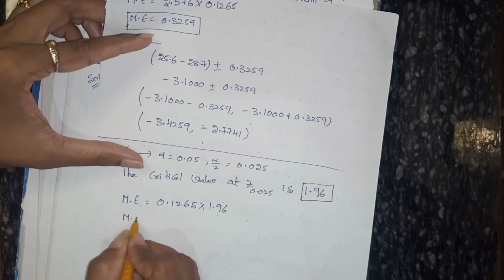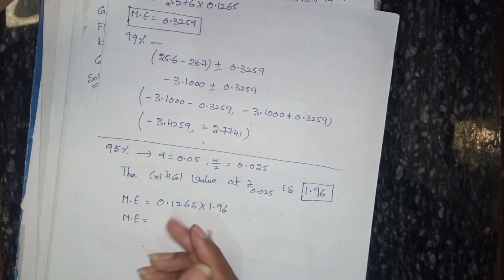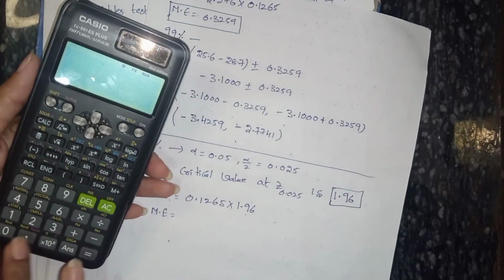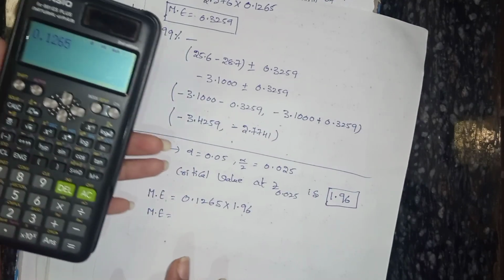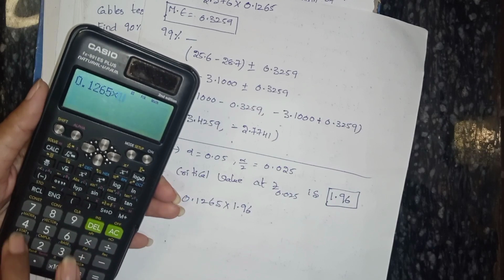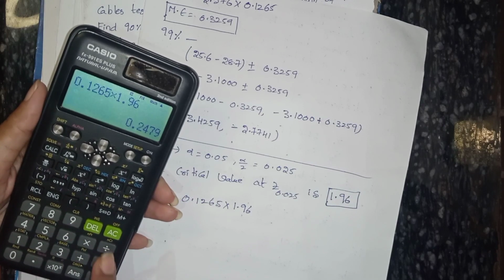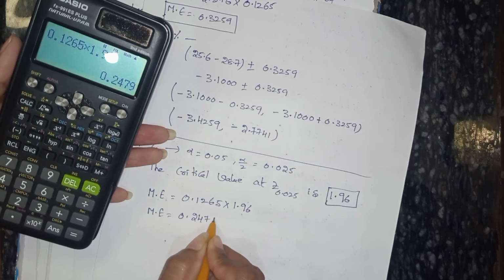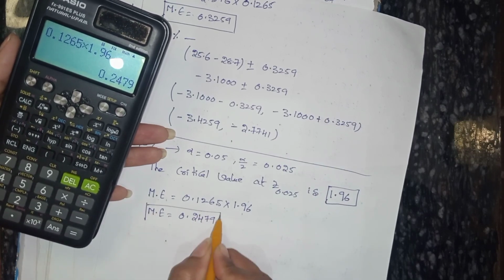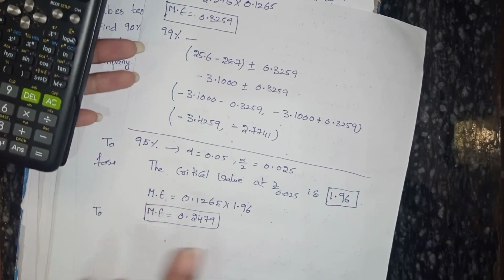So the margin of error equals 0.1265 into 1.96, which equals 0.2479. This is the margin of error at 95%.